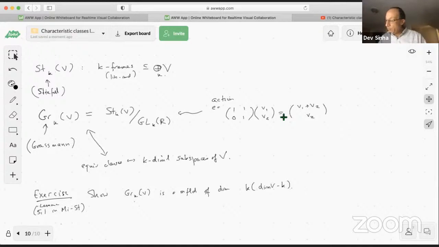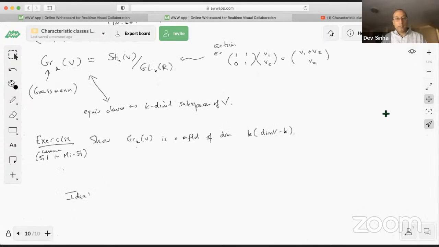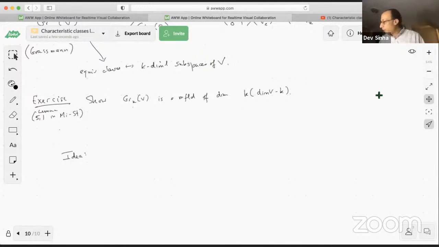What's the idea? Because we'll need this idea in a moment as well. And then the exercise is maybe to write a couple things down given this idea. So I've got X in the Grassmannian of K-dimensional subspaces of V. My picture is that maybe X is here.